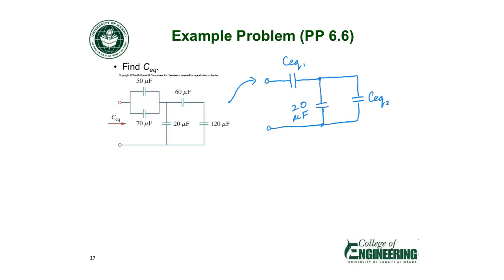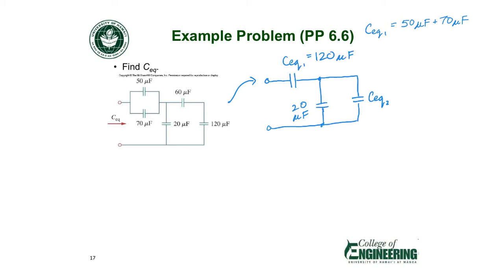Now here's where it's going to get different, because CEQ1 is the parallel combination of capacitors, but I just need to add them up. So the mathematical operation that I'm doing is different from parallel resistors. So CEQ1 is 120 microfarads.